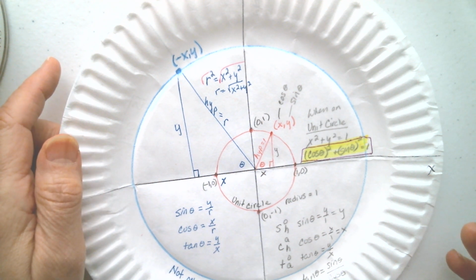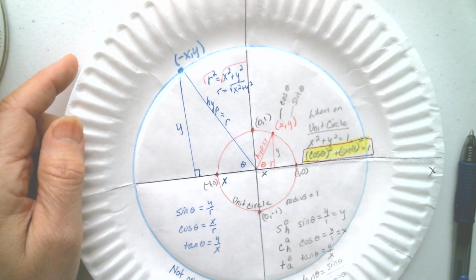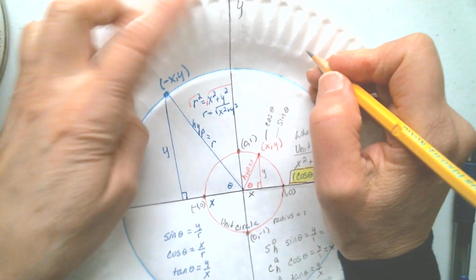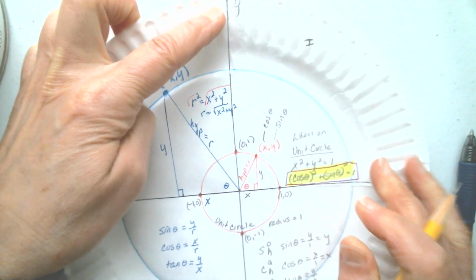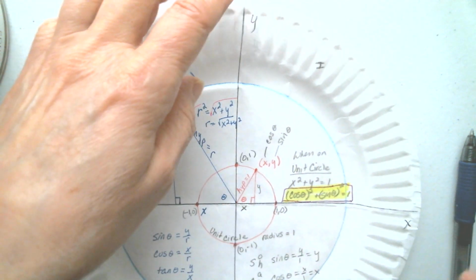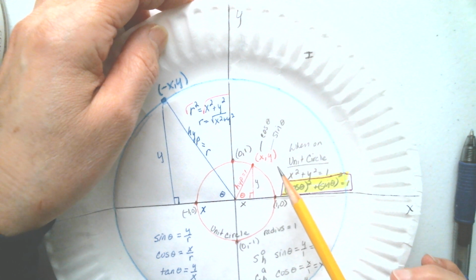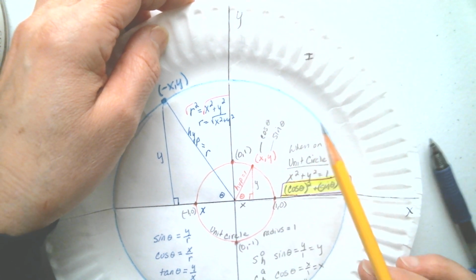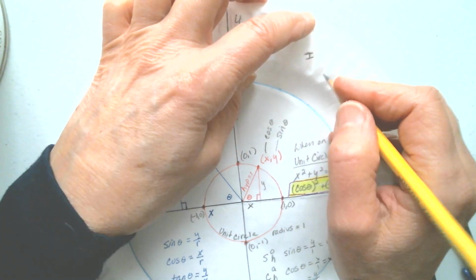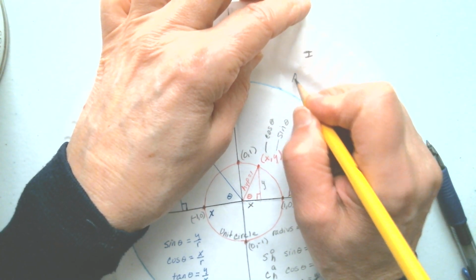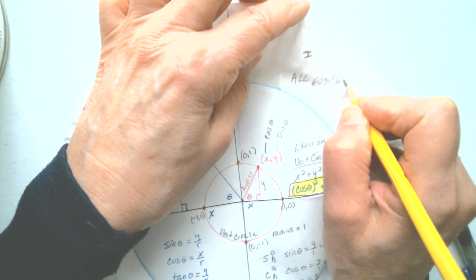Next, we want to talk about our quadrants. All right. In quadrant 1 here, our x and y coordinates are both positive. So sine, cosine, and tangent of the angle are positive. So we say all positive in quadrant 1.